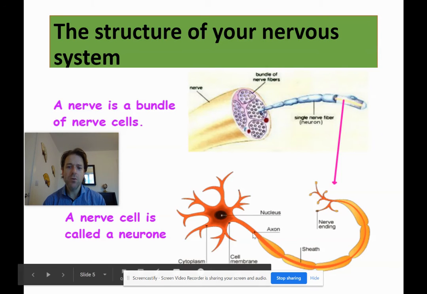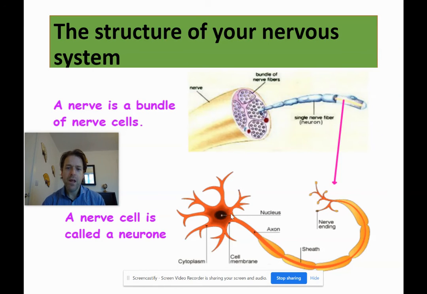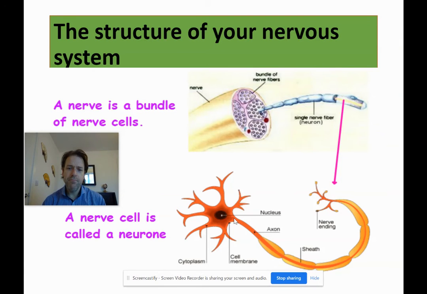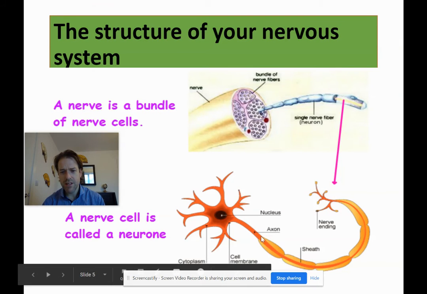So we've got lots of these branches called dendrites along the end here. We've got our nucleus, our cell body here. And then the cell does something weird. Instead of being a round blob like any animal cell, one, we've got these dendrites, these lots of branches. Two, the cell body then extends out into this massive, really long part.